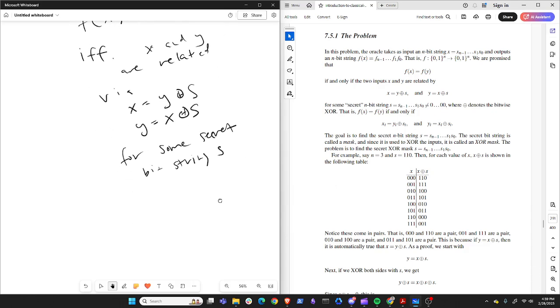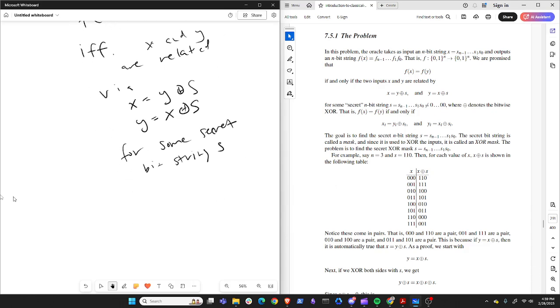So the goal is to find this secret string, this mask, that can be used interchangeably, XORed with X or Y to yield the opposing state, the opposing X or Y.